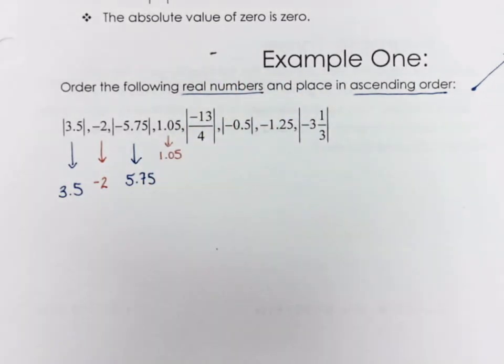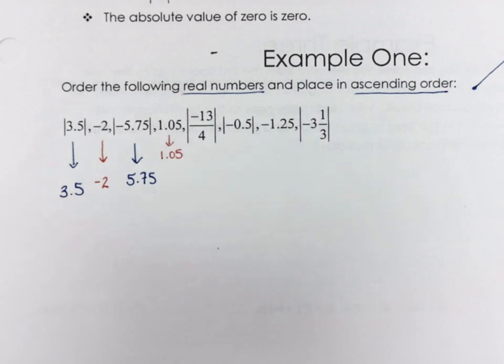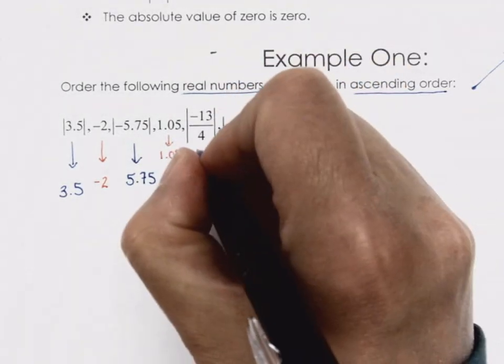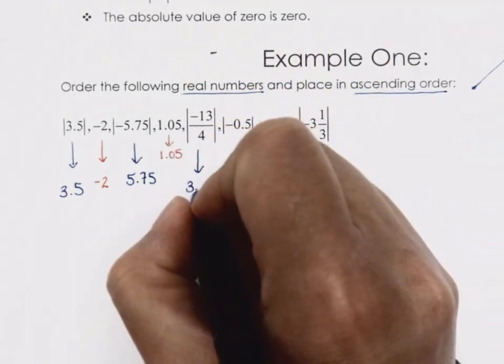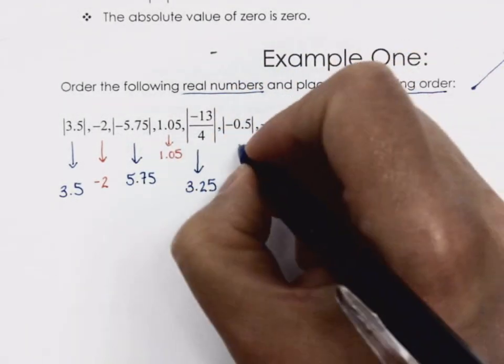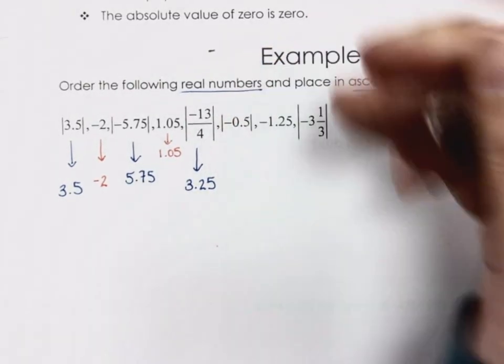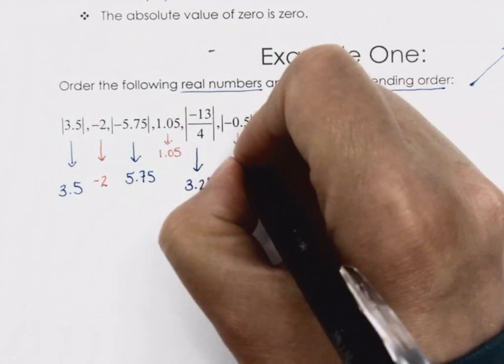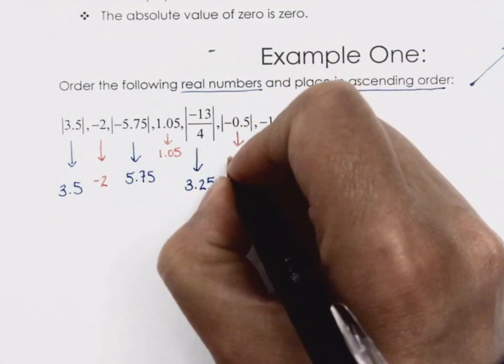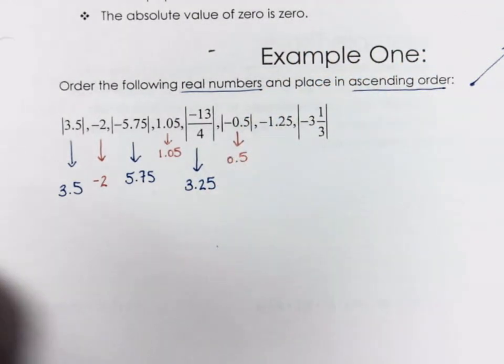What about that fraction, negative 13 over 4? 3.25. Positive, right? Because it's in the absolute value brackets. And this one here, oh, I didn't switch colors. Trying to keep my pattern going here. This one here is going to be a positive 0.5.